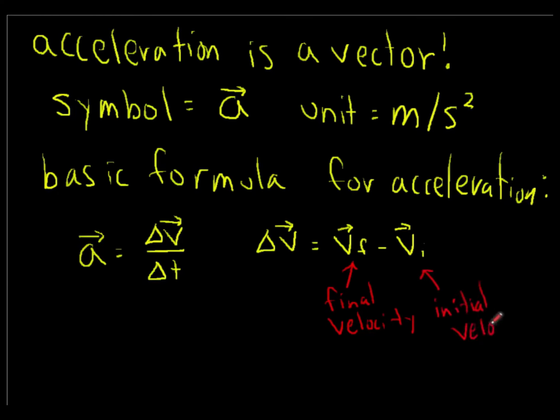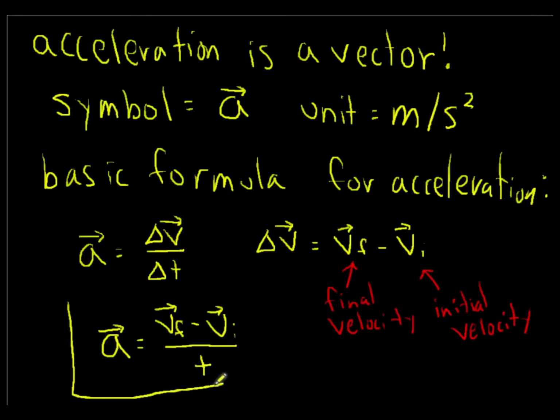This is the velocity it starts out with. So this formula can also be written, and is perhaps easier if it's written as vf minus vi over t. We'll use this as one of the official formulas for acceleration.